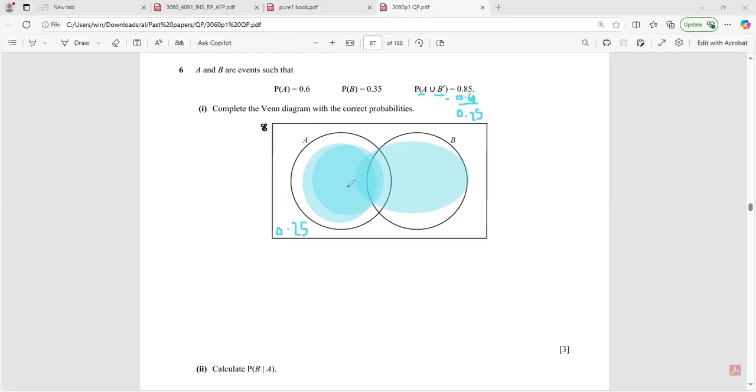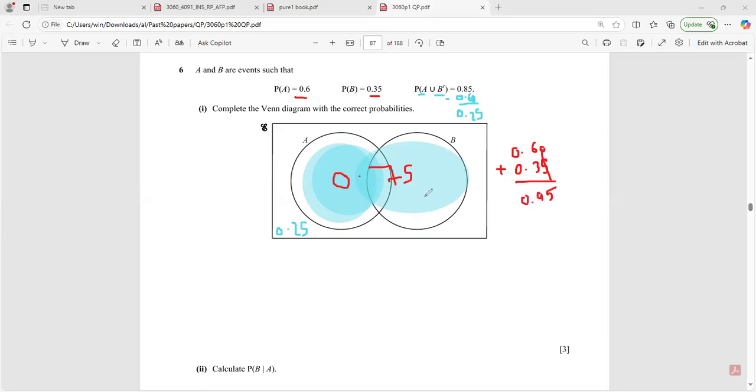So the remainder of the 1, 0.75, is in both A and B. And in just A we have 0.6, and B, 0.35, which is 0.6 plus 0.35, lining up the decimal points, so it is 0.95.